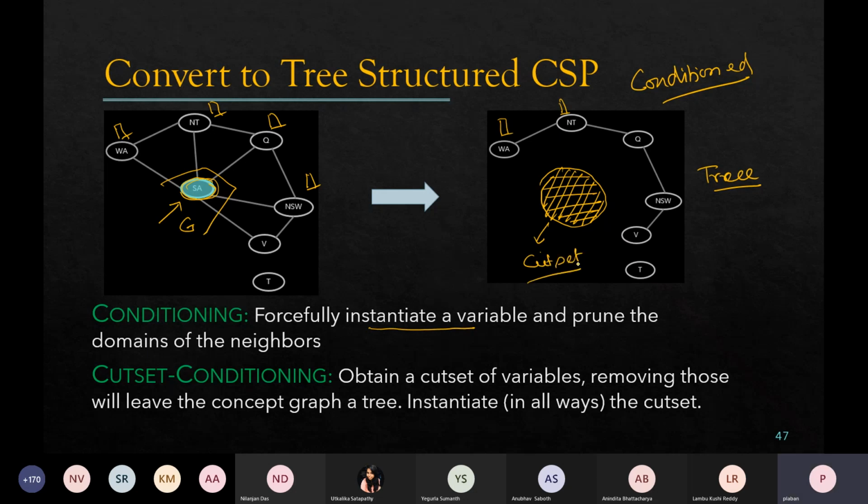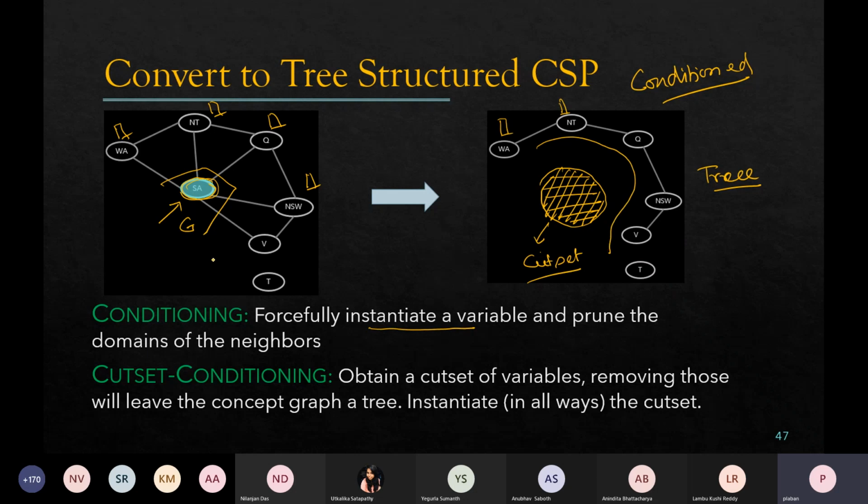Now, as in the other problem, we have a cost involved in identifying this cutset, and there are pretty smart algorithms to do that. Now the problem boils down to assigning values to the variables.